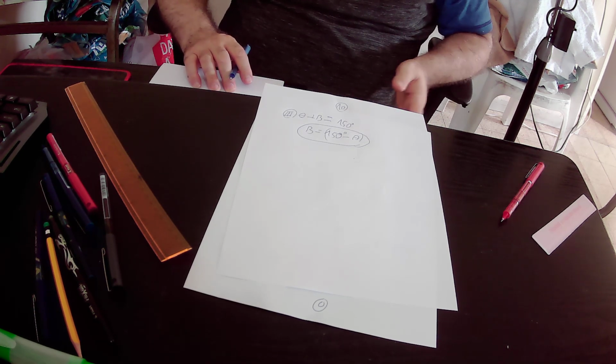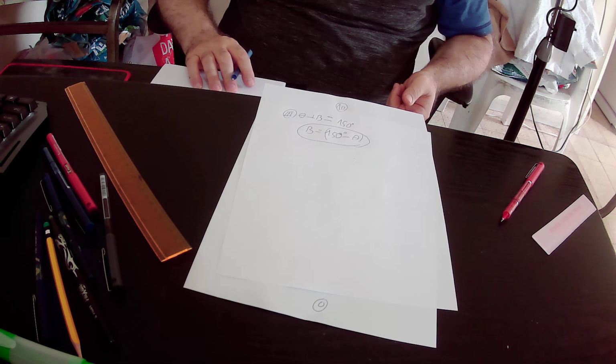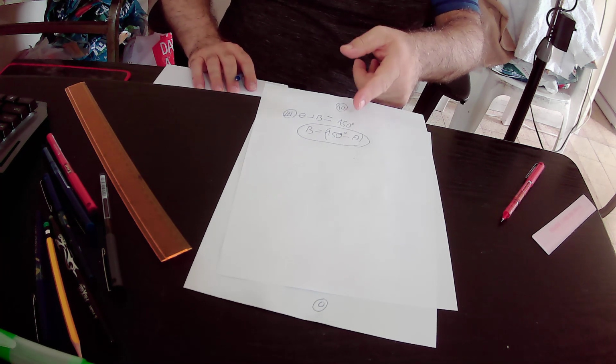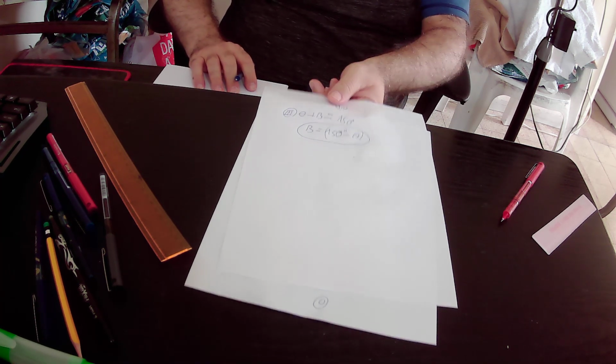But if beta equals 150 degrees minus theta, then sine beta will be equal to sine of 150 degrees minus theta.